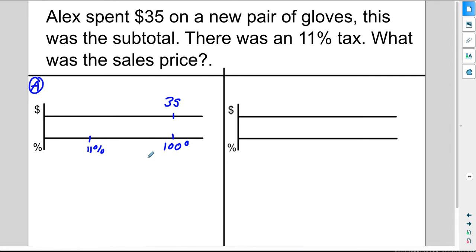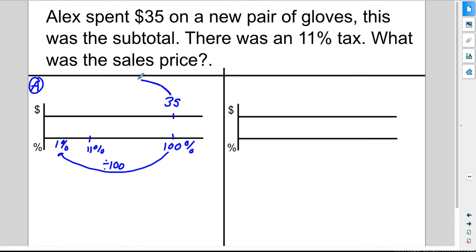So instead I'm going to go from 100% down to 1%. I can use 1 as a percentage with any of my values because 1 times anything will give me that exact value. So I'm going to divide 100 by 100 to get me to 1.